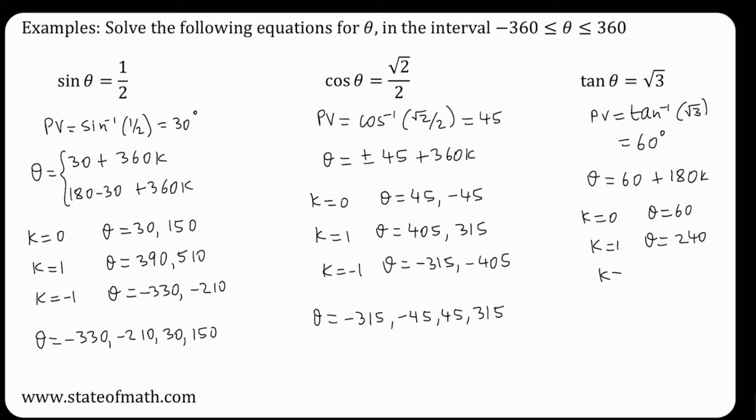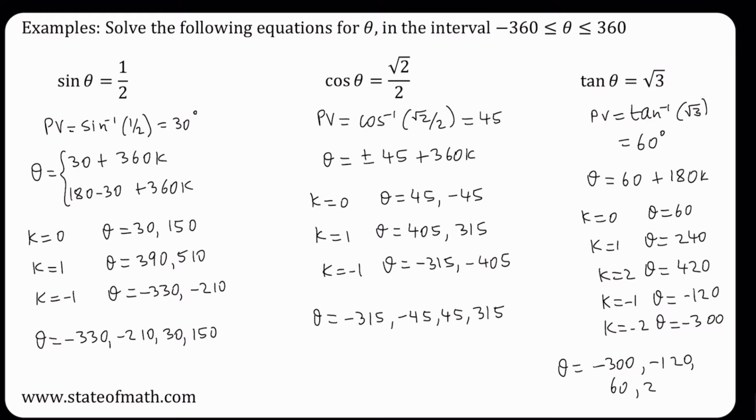If I put k is 2, I get theta is 60 plus 180 times 2, which is 420. If I put k to be negative 1, I get theta is minus 120. And if I put k is negative 2, I'll get theta is minus 300. So my solutions are minus 300, minus 120, 60, and 240.